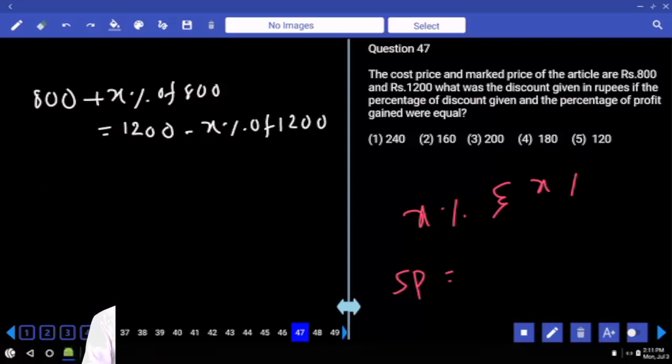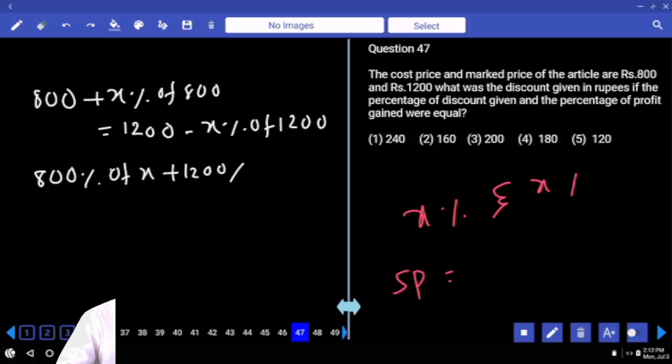X% of 800 plus X% of 1200 together equal 1200 minus 800. How much? 400. Or 2000% of X is equal to 400.